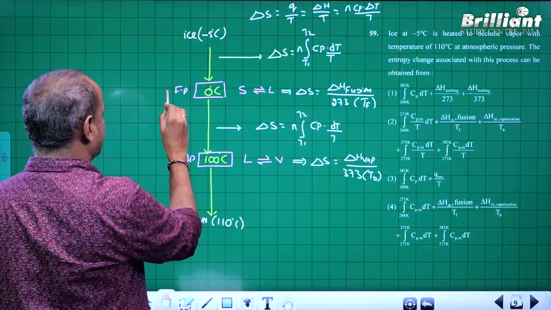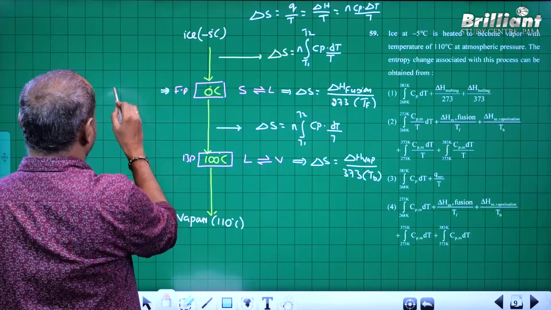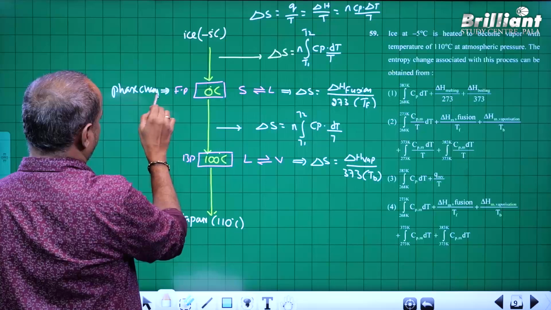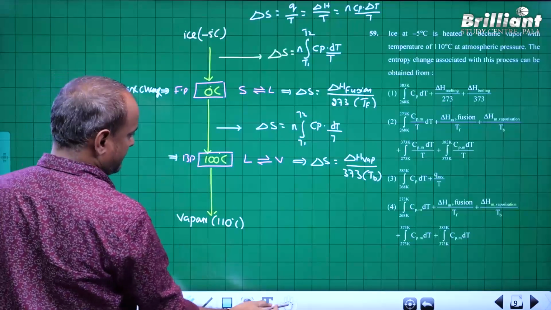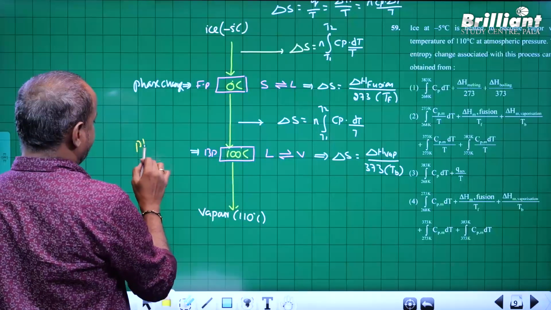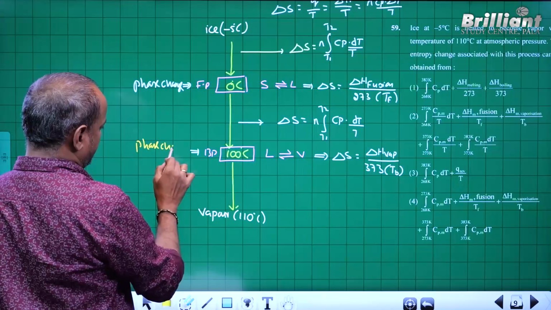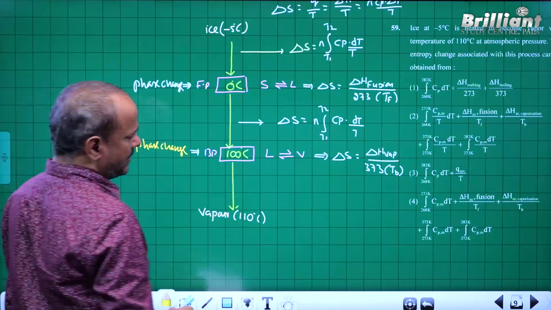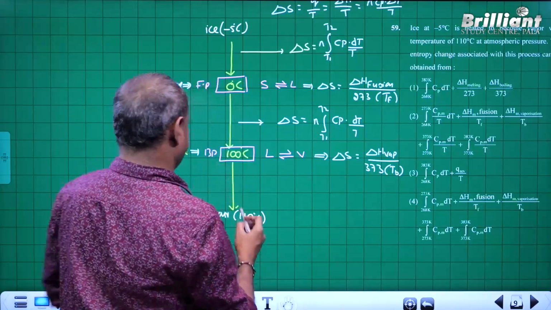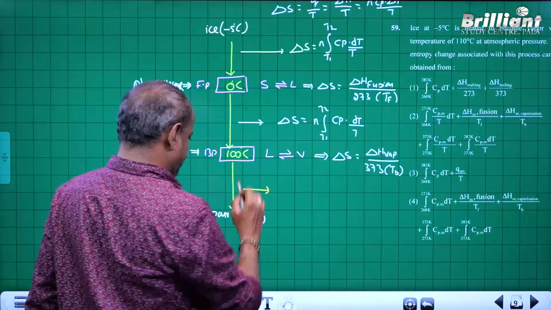So these two steps are called phase changes. This is also a phase change. Okay, 1, 2, 3, 4. Next, fifth, the last step, 100 to 110.